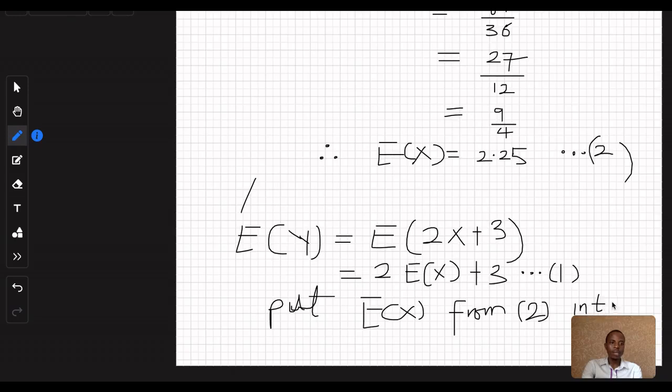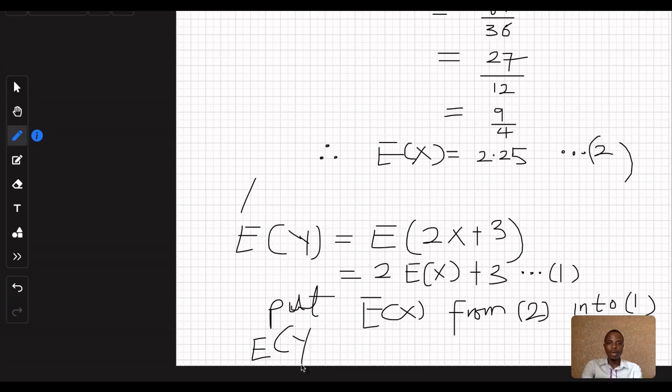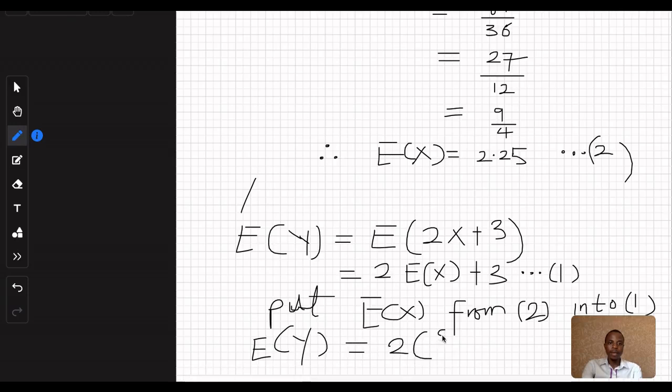If we do that, we are going to have the expected value of y equal to 2 multiplied by, I think I prefer to use 9 over 4, but somehow we have used 2.25 here. Assuming that we had said the expected value of x in fraction form, but if you like, you may not bother. It's always preferable to use your fraction.